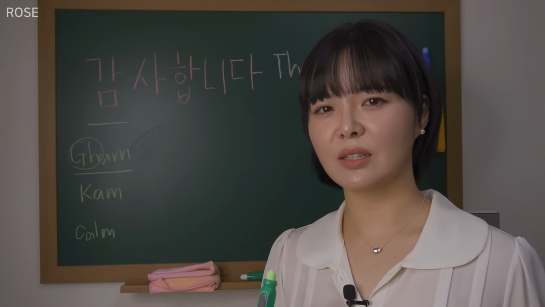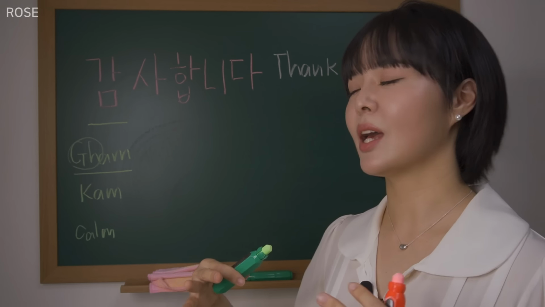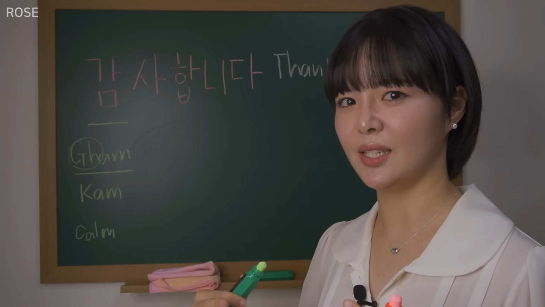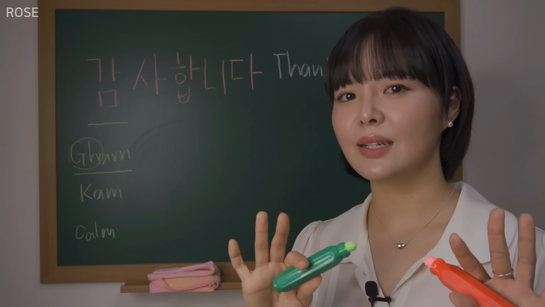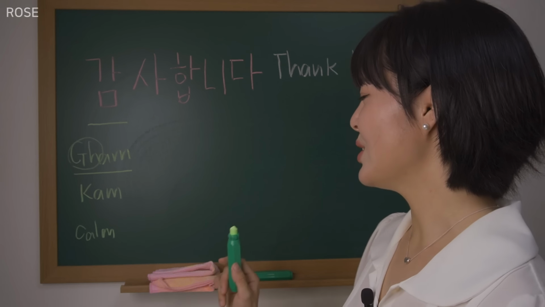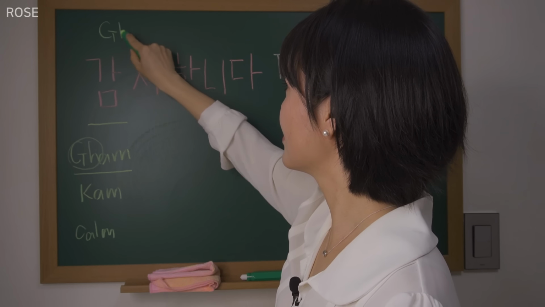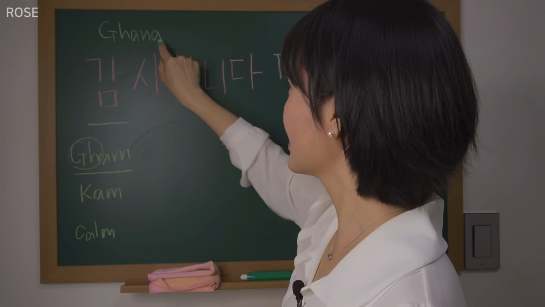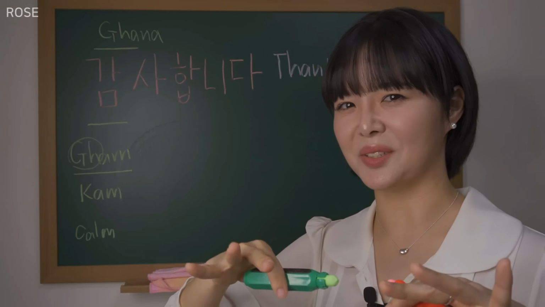Foreigners find it difficult to differentiate the letter K and G. So it's G, not K. K, no. G, yes. Think of the country Ghana. It's like that, ga, but in a subtle Korean way.